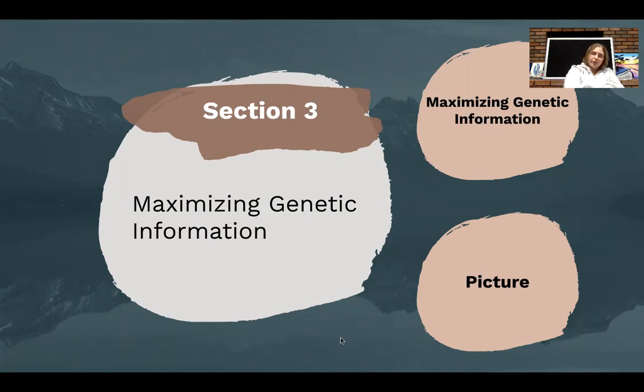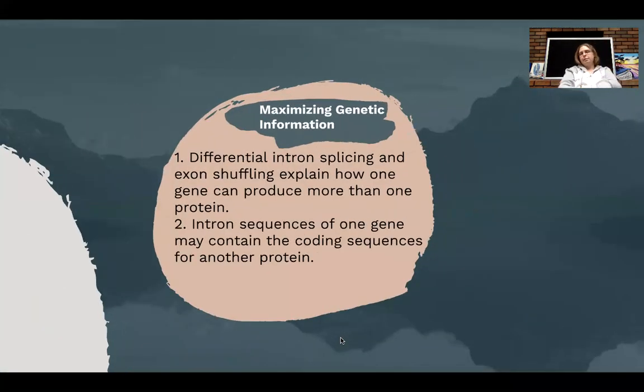And how we do that is by differential intron splicing. What that means is, like when we talked about RNA processing, you cut the introns out and then you're left with the exons, you squish the exons back together. And that's how you get the processed mRNA to now be translated into a protein.